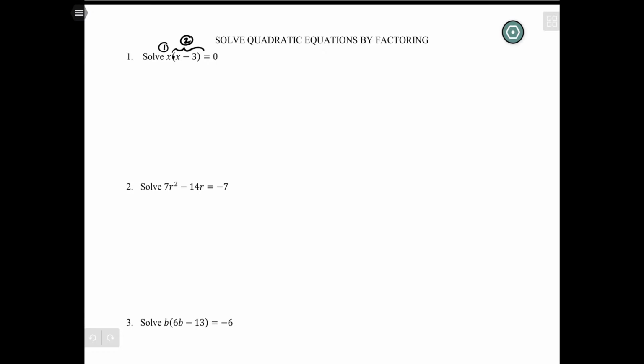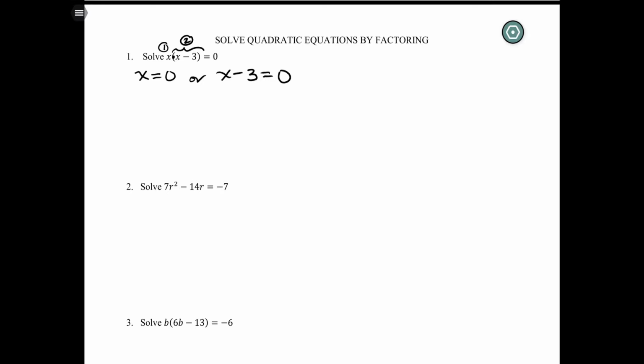So this is going to allow us to take this messy quadratic equation. It's quadratic because it has a second power in it, and that's the highest power. So we're going to take that first factor and set it equal to 0. And we're going to take that second factor and set it equal to 0. So the original statement is true if either of these simpler statements are true.